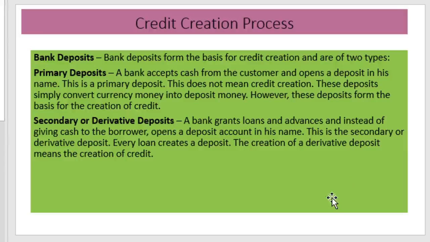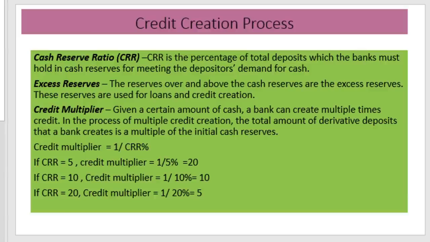They can withdraw it as a lump sum, or in accordance with their convenience. These types of deposits created by banks are known as derivative deposits, and on the basis of these derivative deposits, the bank gives loans to other customers. This process will go on. This is the difference between the primary deposit and the secondary or derivative deposit.